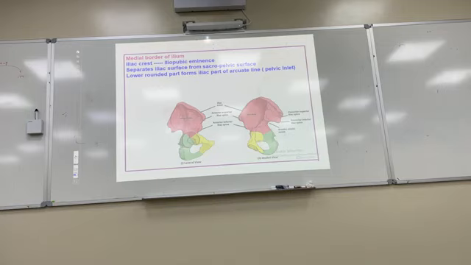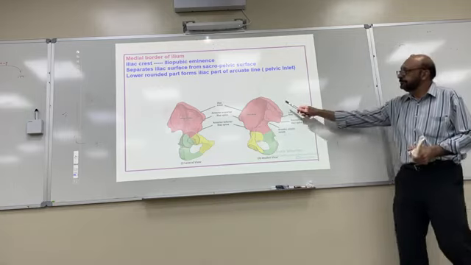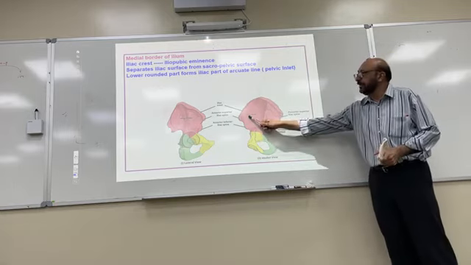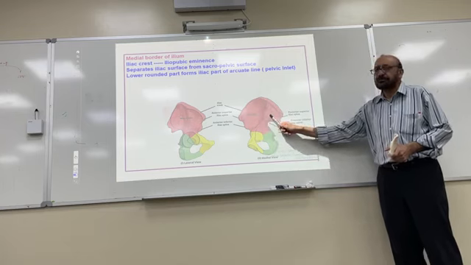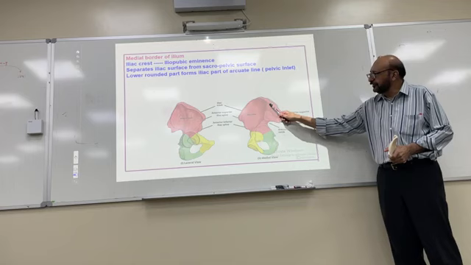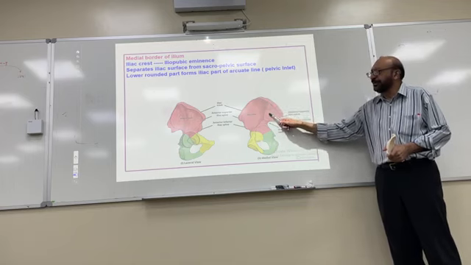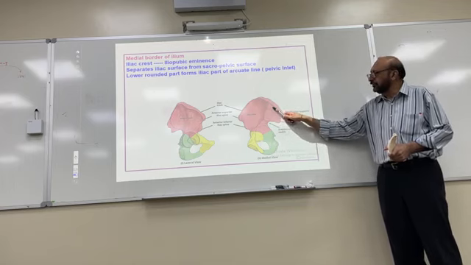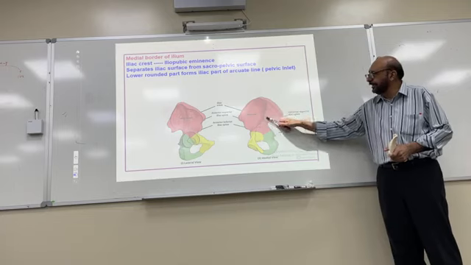Medial border, here is the medial border, dividing into iliac fossa and sacropelvic surface. So this is the sacropelvic surface. Here we have the sacrum, this is the iliac tuberosity, and here we have the auricular surface.